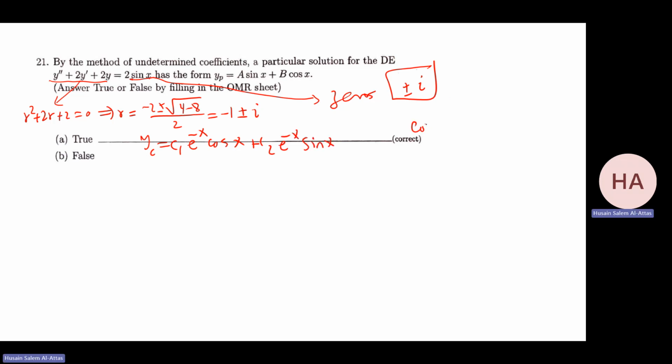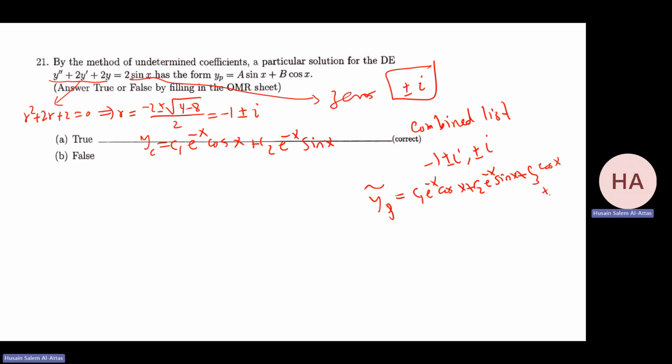So I have the combined zeros, the combined list. That will be minus 1 plus or minus i. So I have yp hat. As I said, there is no need for all of this since I have no duplication, the way he was saying it in the book.